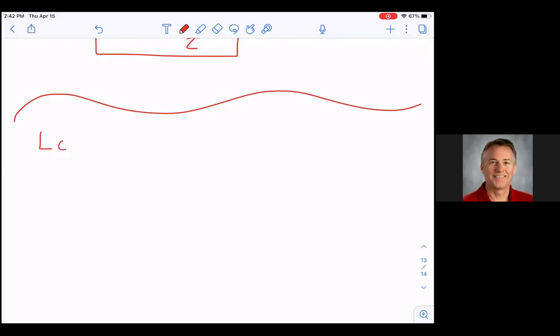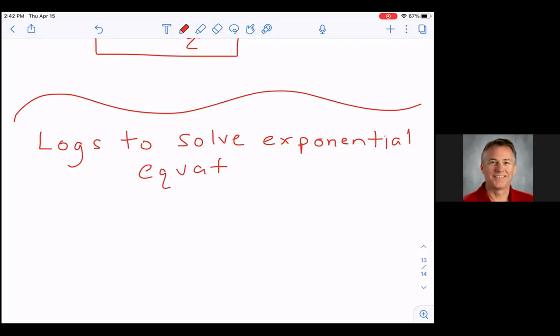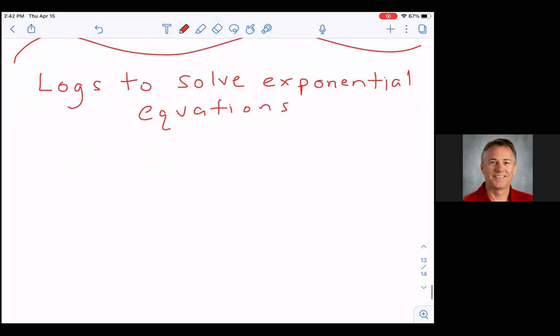So let me label this logs to solve exponential equations. Sorry about my bad handwriting there. And so here's why we might need to use logs.